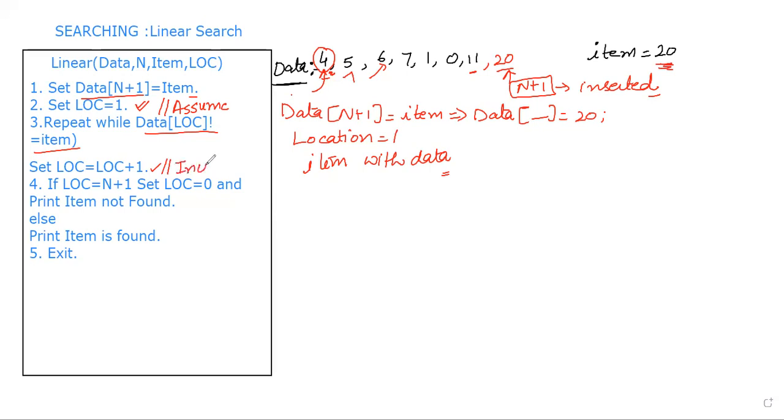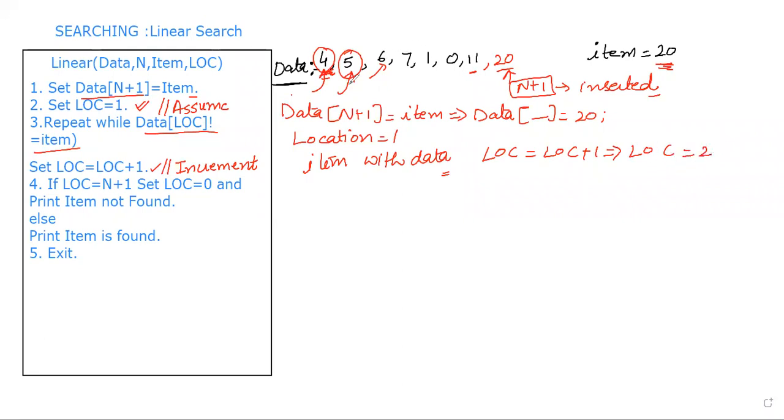Because once we compared it with the first element and found that the item is not equal to the first element in the given array, we need to increment the location and go to the next element, which is 5 here. That is only possible if I set location equal to location plus 1. That will make the value of location equal to 2.